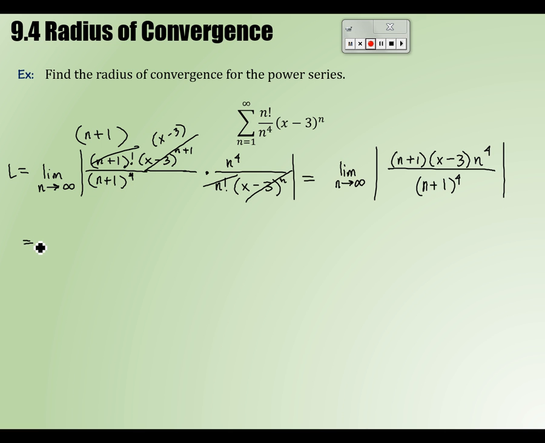Once we clean up inside the absolute values, we can pull the x minus 3 out. It's still in an absolute value. So we have the limit as n goes to infinity of all this stuff. I'd rather not multiply this out, and I think you can be convinced that we don't need to. What does that limit evaluate to?